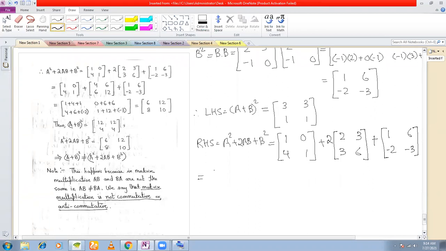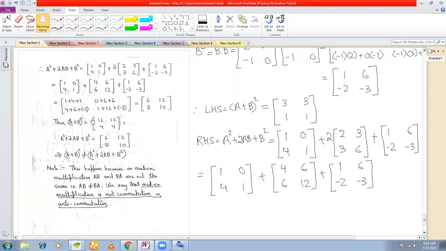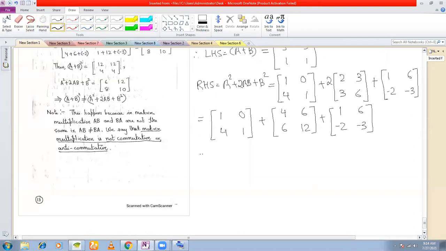Now we are going to simplify this. So you multiply all the elements by 2. Now you add these three matrices.